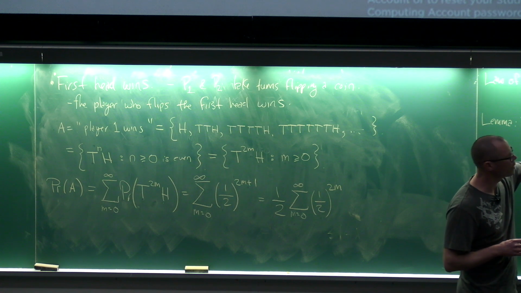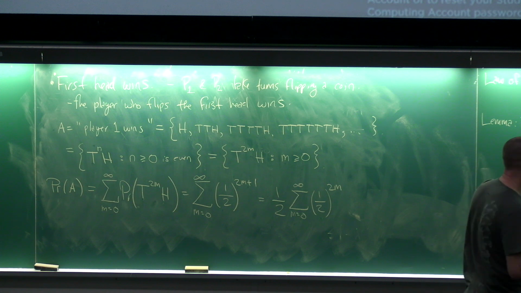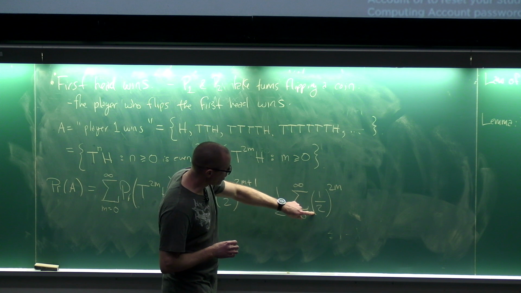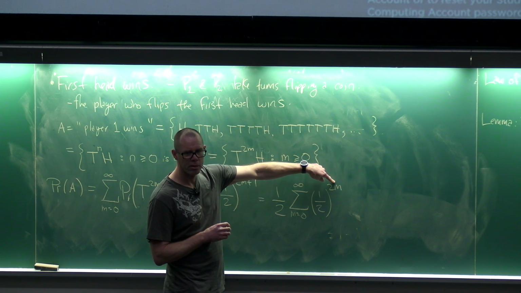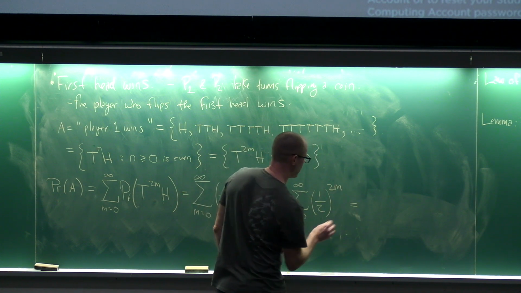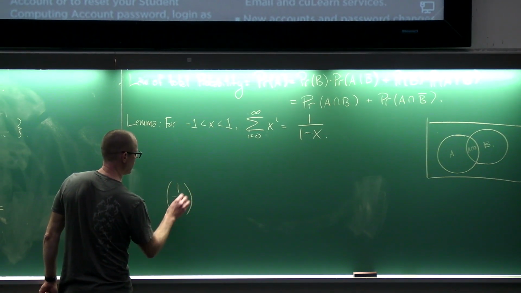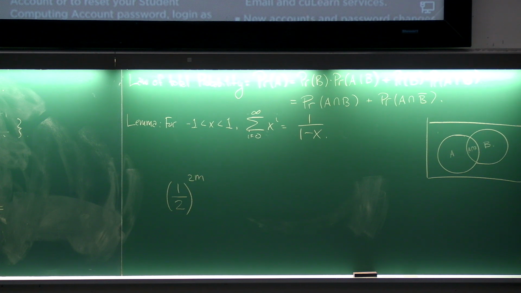Sum 0 to infinity, there's a base, it's raised to the exponent, but it's not quite, because here m is running from 0 to infinity, but we're not taking 1/2 to the m, we're taking 1/2 to the 2m. So we have to massage that into something that looks more like what we want.